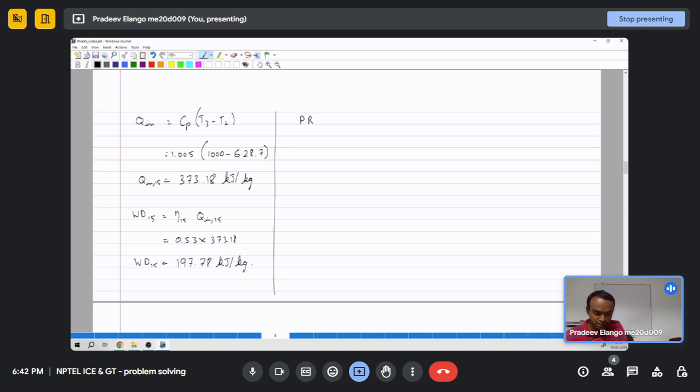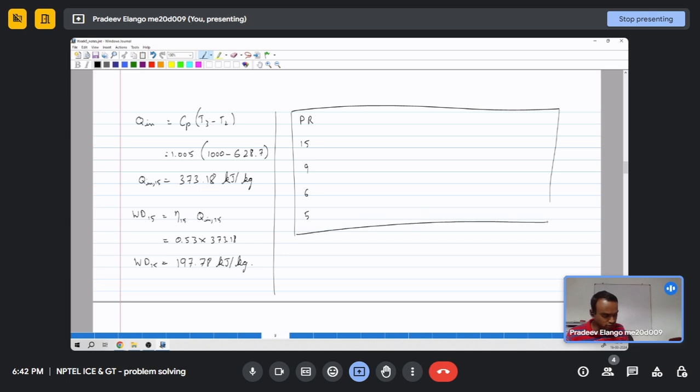So we can write a table: pressure ratio 15, 9, 6 and 5, and for each of these we will have an efficiency, we will have a T2. So with the T2 we can calculate Q in, and with Q in we can calculate work out, right?